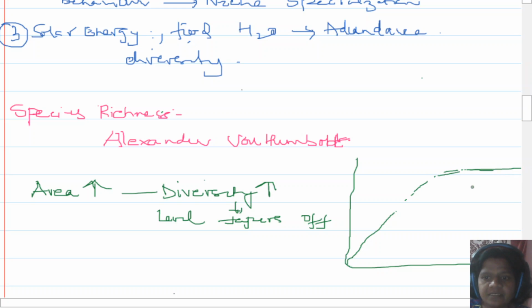It only goes up to a certain extent. Even if you increase the area, the number of species remains the same. That means you don't find any more new species even if you increase the area. This is called a rectangular hyperbola. Remember this.